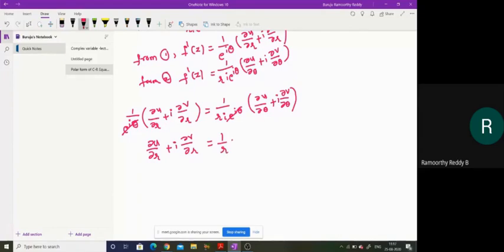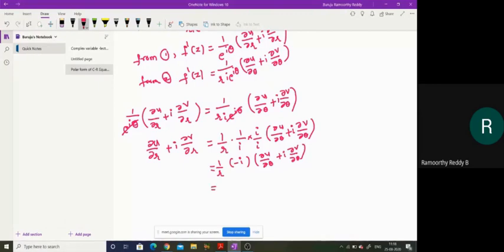Now see here 1 by i can be written as i by i squared, where the denominator i squared is minus 1. So it is nothing but minus i, times ∂u/∂θ plus i times ∂v/∂θ, right?